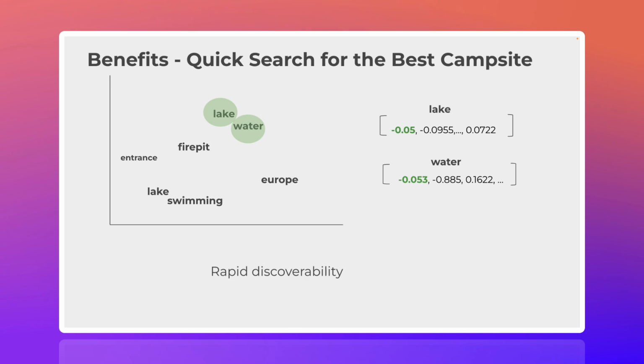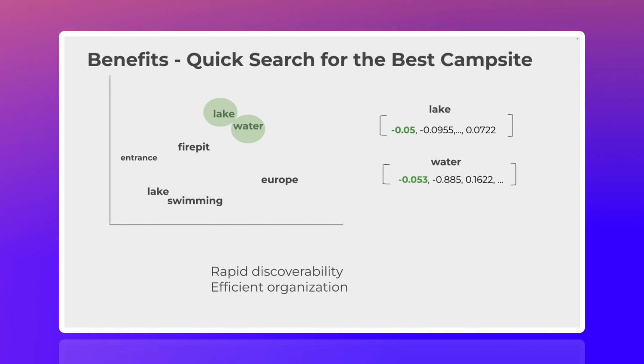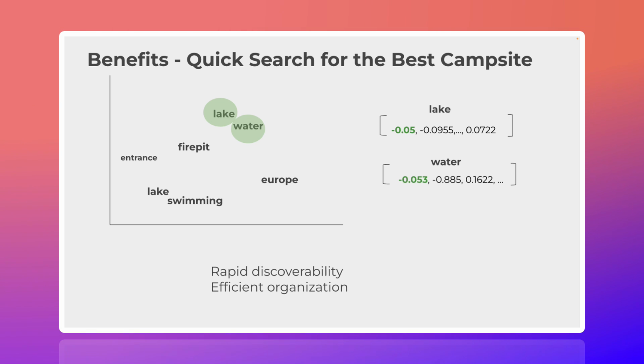So we have what we call rapid discoverability. We also have what we call efficient organization, because if the campsites, in this case data points, are organized efficiently in the database, much like a well-planned campground map, the database can swiftly point out which sites will most likely appeal to you based on your past likes.